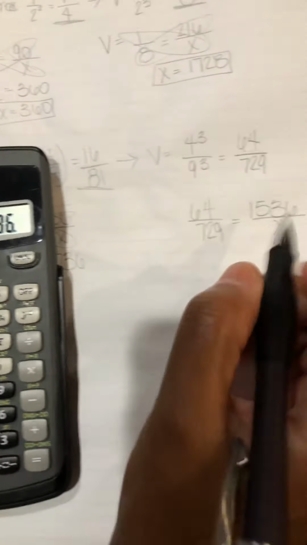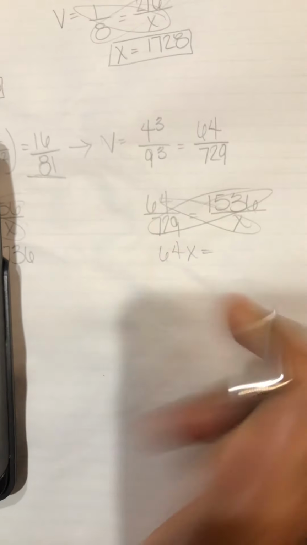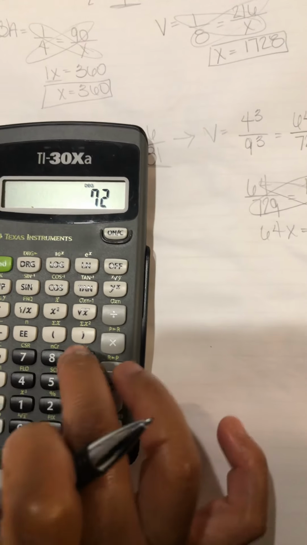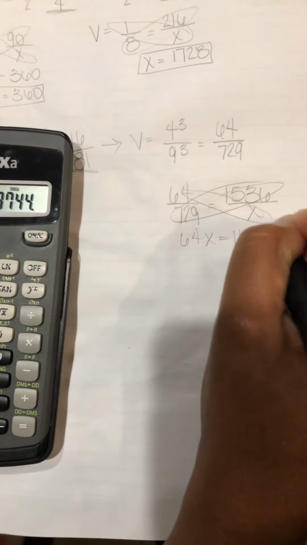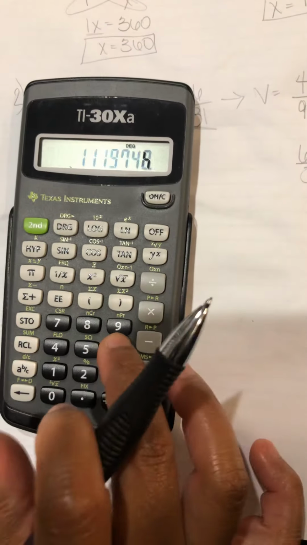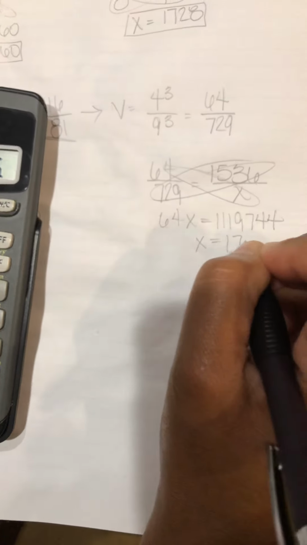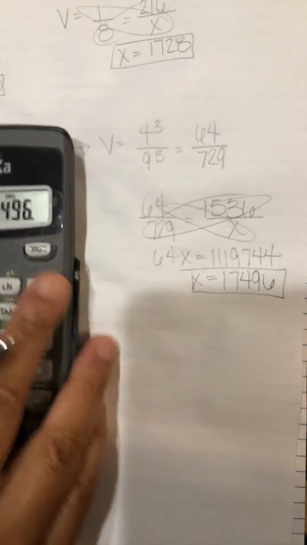And then for this one, again, I'm going to do the same exact thing. 64 times x is 64x. 1536 times 729 gives me 1119744. And then I'm going to take this number and divide it by 64. That gives me x is equal to 17,496. And those are my answers.